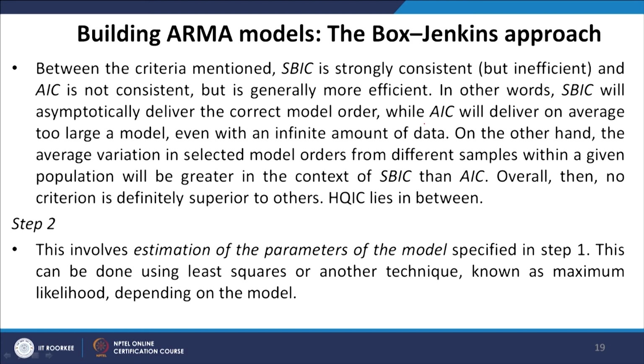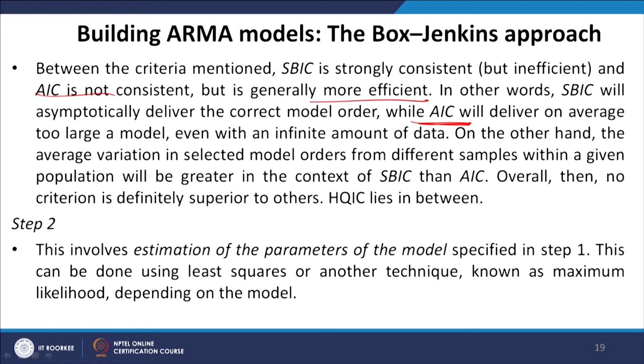So, this has no asymptotic property. Regardless of whether you are working with small data or large data, AIC is going to deliver a relatively larger model compared to SBIC. On the other hand, the average variation in selected model orders from different samples within a given population will be greater in the context of SBIC than AIC, because AIC is more efficient.